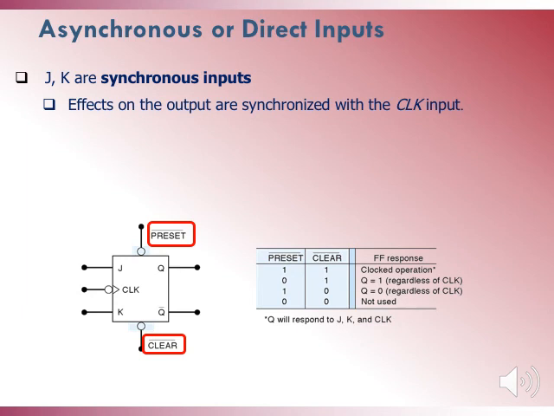When these preset bar and clear bar inputs are equal to 1, it assumes a normal JK flip-flop operation. But when preset bar is set to 0, then Q is always high without regard to the clock input signal. Similarly, when clear equals 0, Q is always equal to 0 regardless of the clock input.